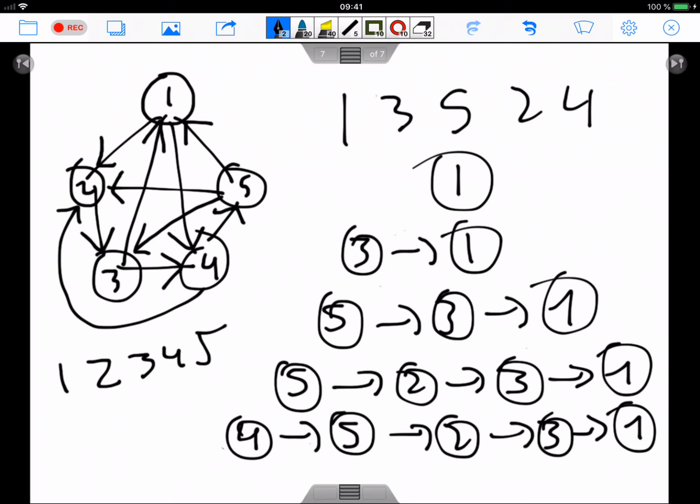Okay, but we can use special algorithms to solve this problem quickly if we restrict ourselves to special types of graphs. For instance, if we restrict ourselves to tournaments, to graphs that are directed and complete.